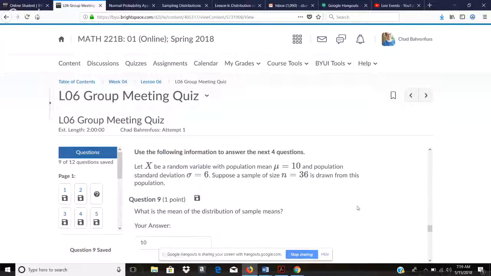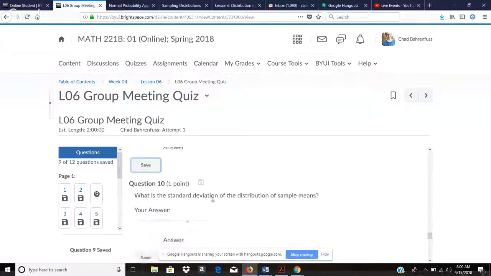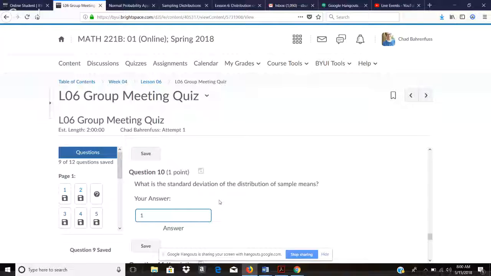The square root of 36 is 6, so 6 divided by 6 is 1. So the answer is 1. Okay, I just wanted to make sure I got that right.